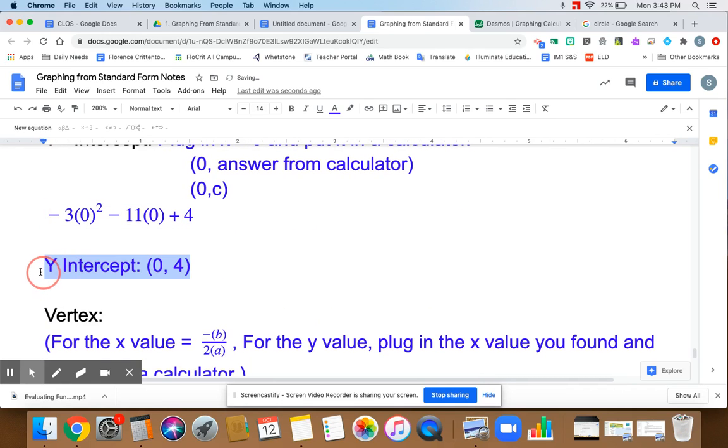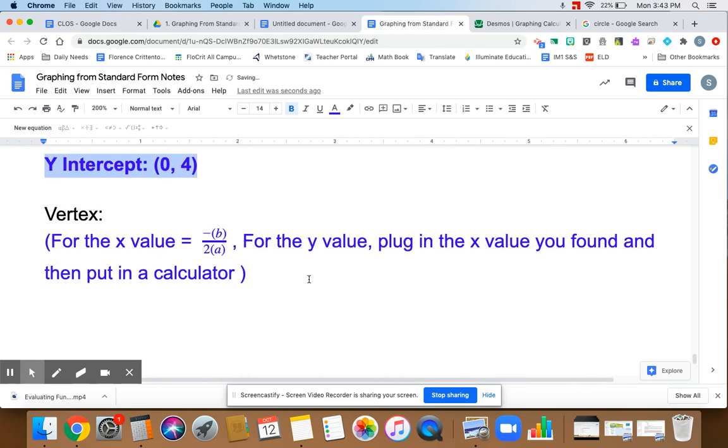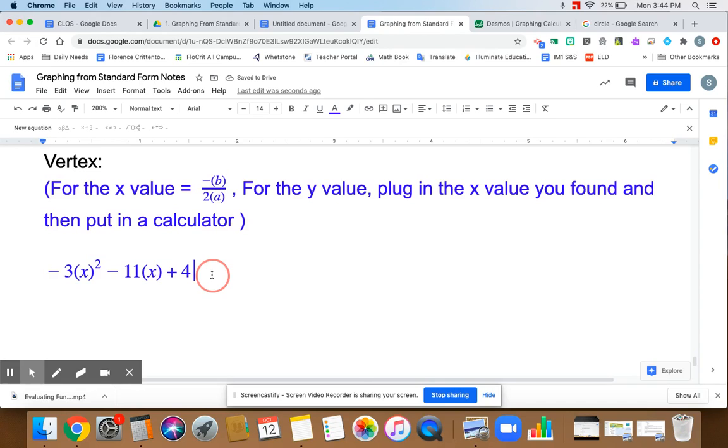And then finally, to get the vertex. So this is the equation. And for the x value, to figure it out, it's -b over 2a. So x is going to equal, what is b right now? -11. And it's going to be divided by 2 times a.